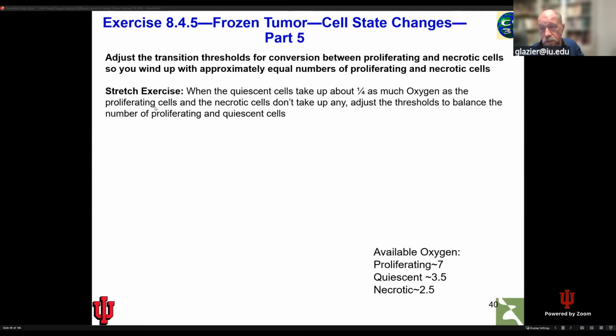You should have gotten something that looks like what you got, except you should see layers of colors. And then the next thing to do is that quiescent cells actually don't take up as much oxygen as proliferating cells. And necrotic cells don't take up any oxygen, so you change the uptake rules. That makes it easier.